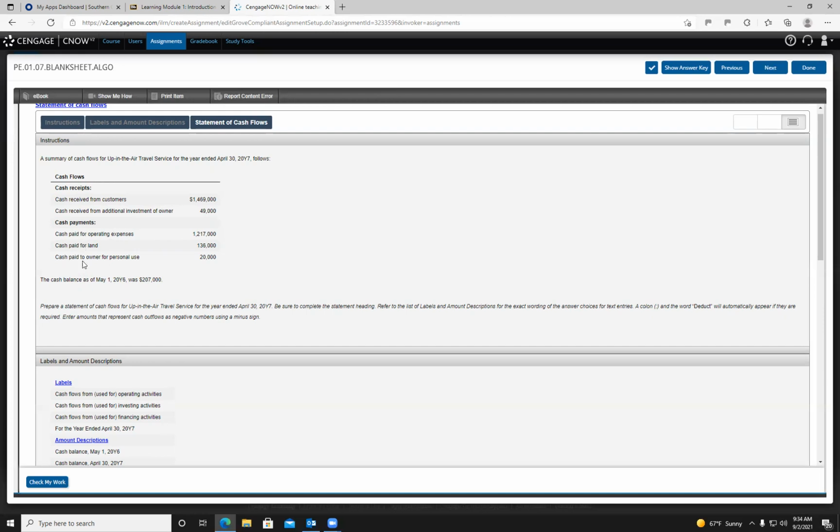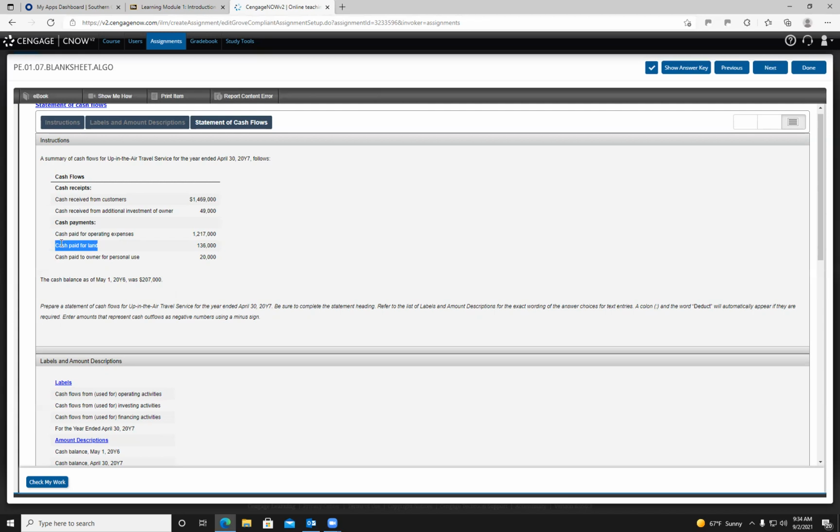However, if we look down here, we did purchase land. Well, that is an investment. That is absolutely an investment, because land is an asset and land never depreciates in value. It can only appreciate in value. So even though he purchased land, he could consider that an investment, because it's not being used right now to generate revenue, but it could be sold at a future date for a profit.